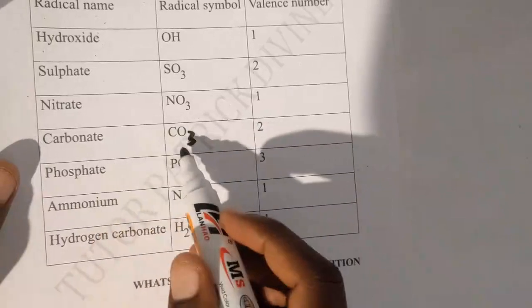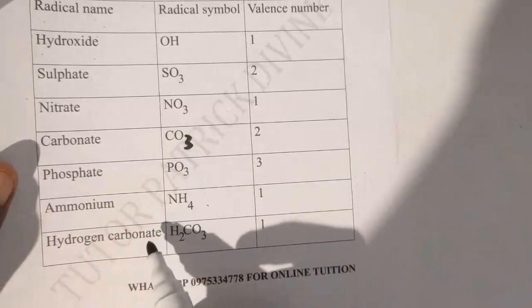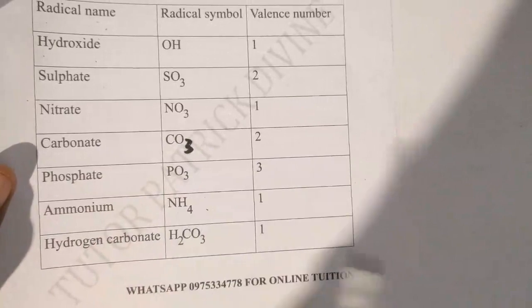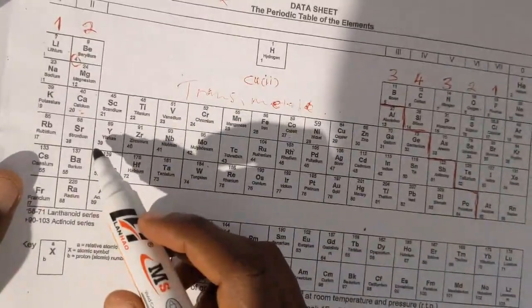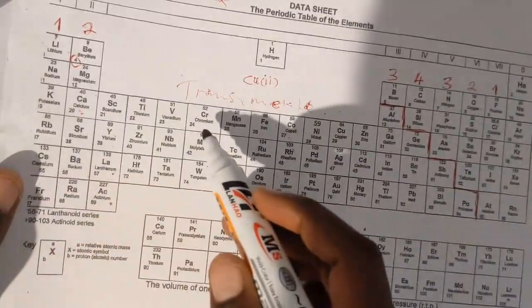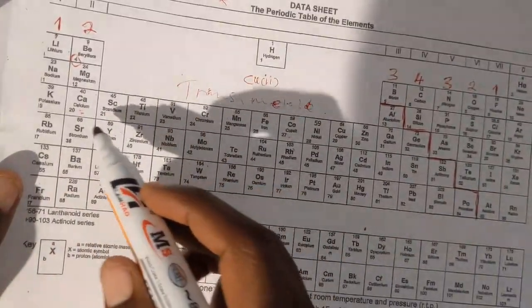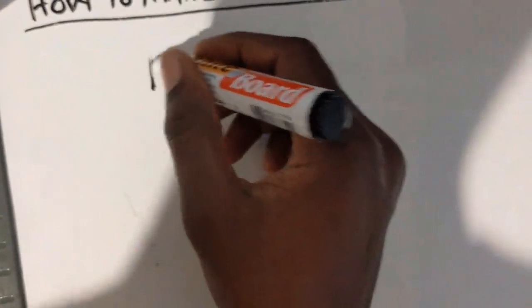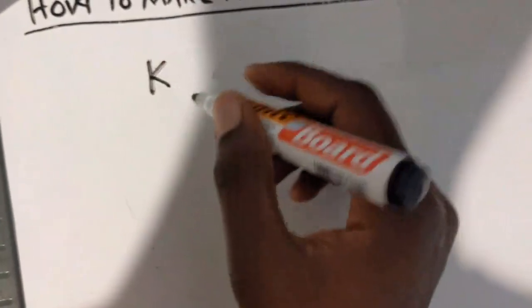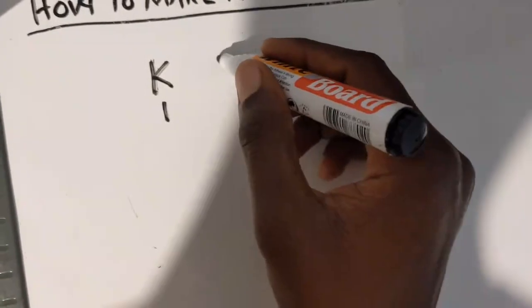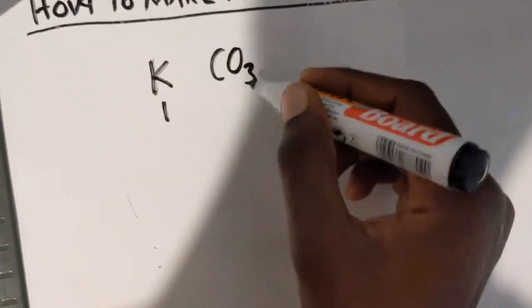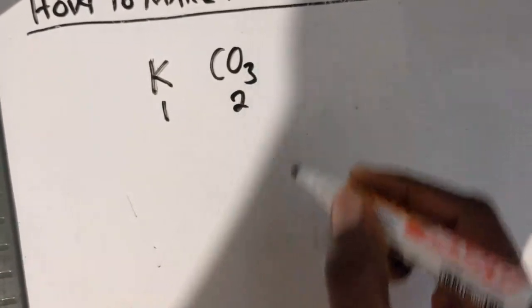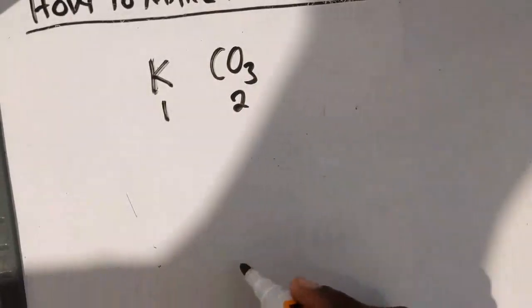So if we say carbonate, a combination of carbonate and what metal are we going to choose on the periodic table? Let's choose potassium. Potassium carbonate. Potassium has a valence of 1, carbonate has a valence of 2.